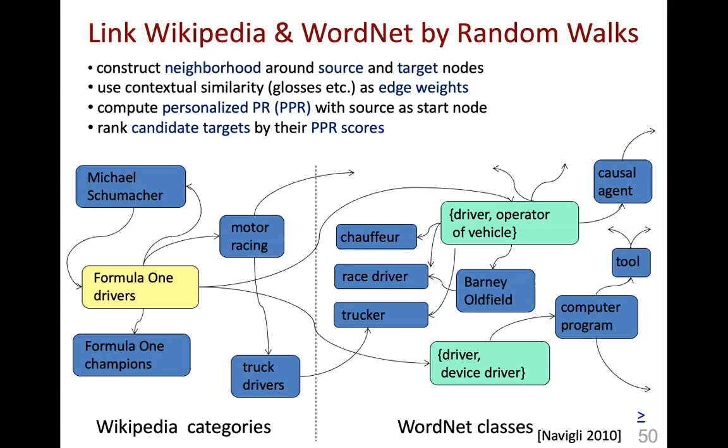Then you can compute the personalized scores, and then we can rank candidate targets by their personalized scores, right? So basically, you can create these link connections, and then only establish those connections that are of really high relevance, so there's a high chance that this connection really exists.